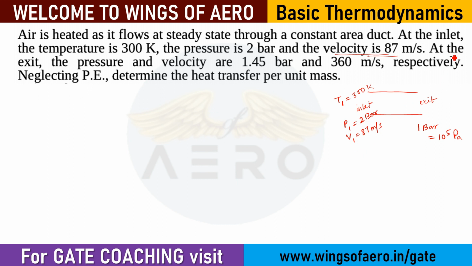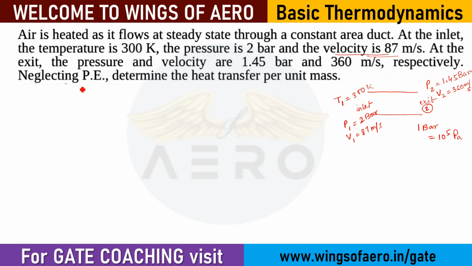Now next they have given at the exit. At the exit point, let's consider section 2. P2 is given as 1.45 bar and velocity V2 as 360 meter per second respectively.